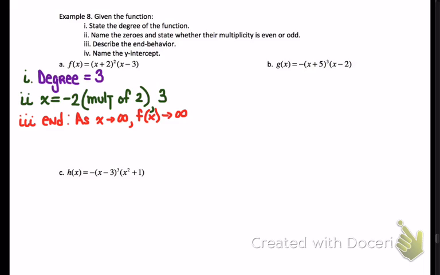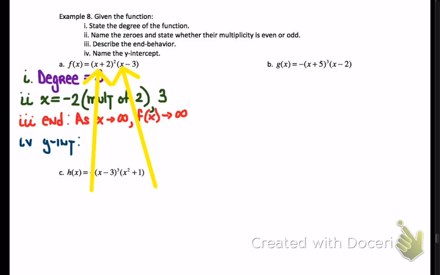And then number 4 says to find the y-intercept. Uh-oh. Bad news. I can't see the y-intercept the way that I'm looking at this right now. So if it's completely factored, you should probably write this down. To find the y-intercept in completely factored form, I'm simply going to plug in a 0 wherever I see an x.